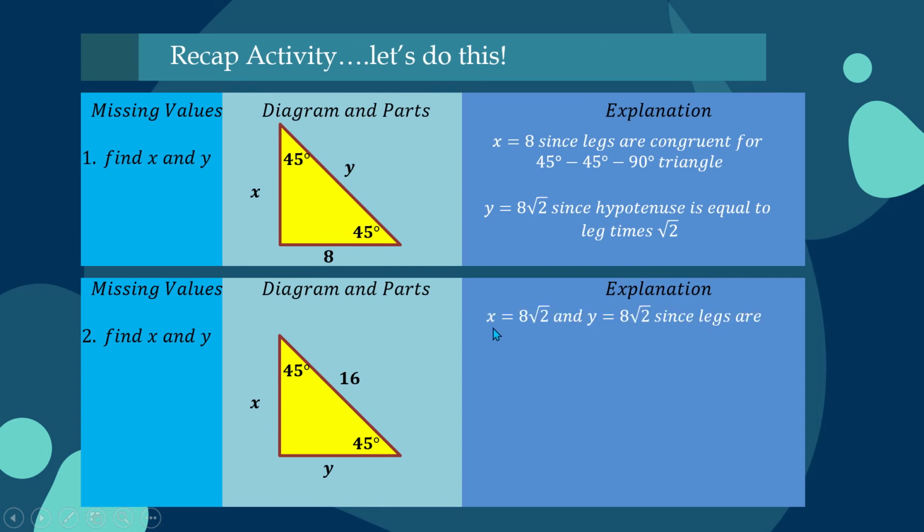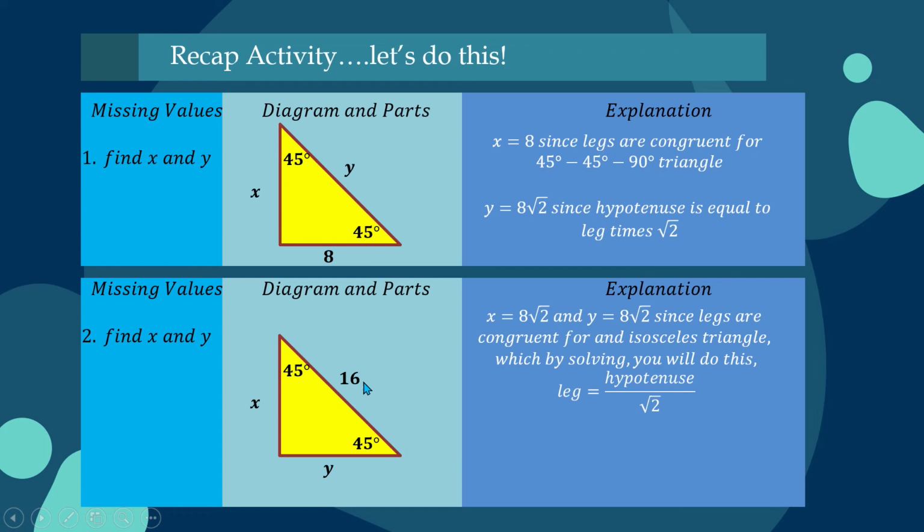The answers are 8 square root of 2 and 8 square root of 2, for x and y. The legs are congruent for a 45-45-90 degree right triangle, as for any isosceles right triangle. And by solving, you will do the following.